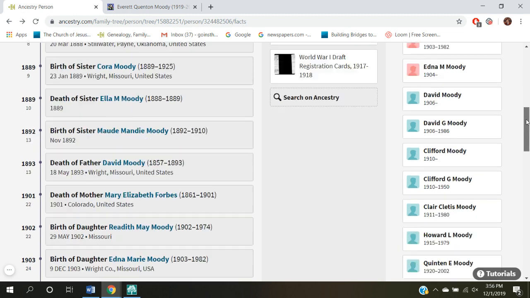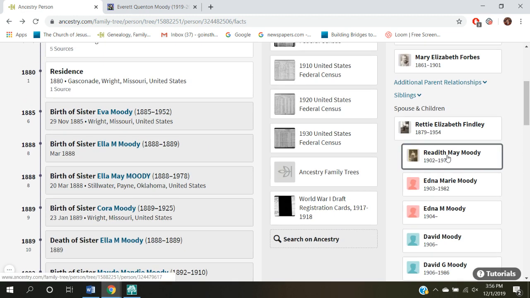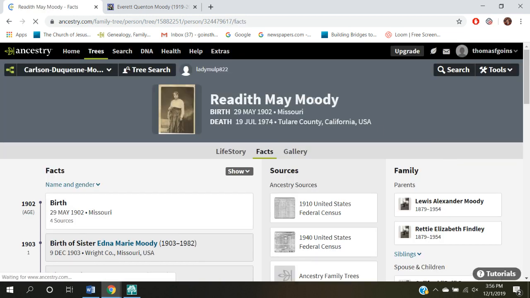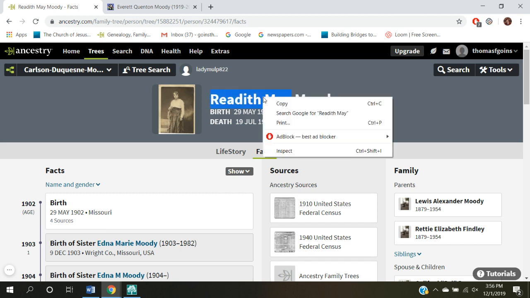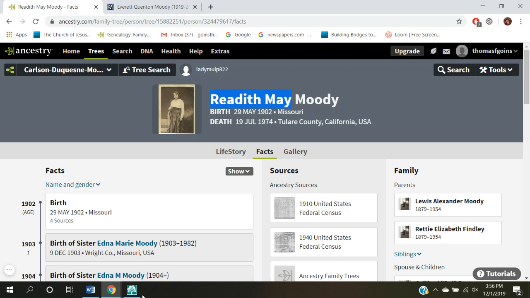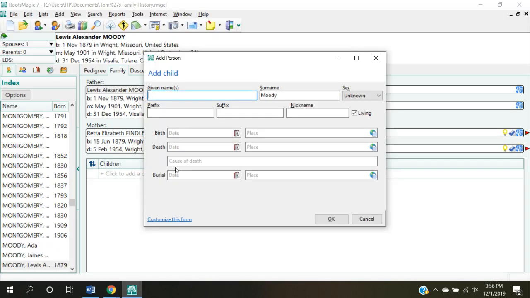And we'll go to the oldest child named Edith. It's like they took Edith and Retta and put them together. They got Edith. And I'm just going to copy and paste Edith May. Go down here, and we already have Moody in there because her father is listed as Moody.